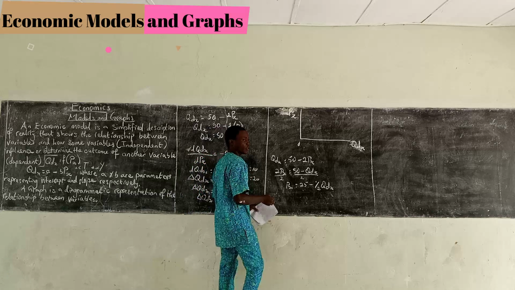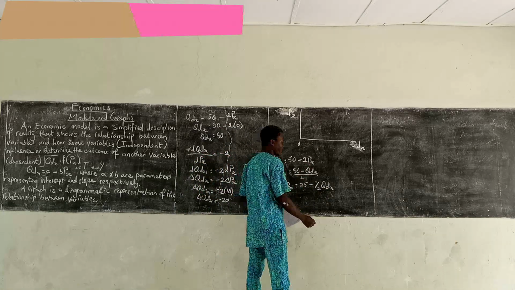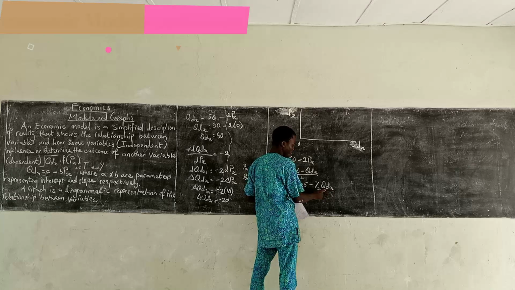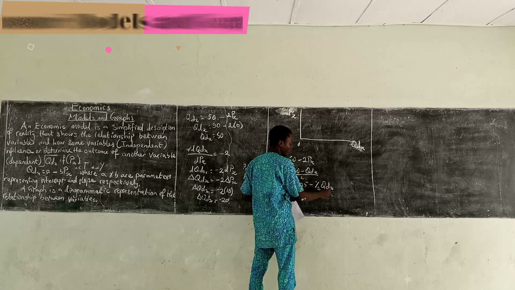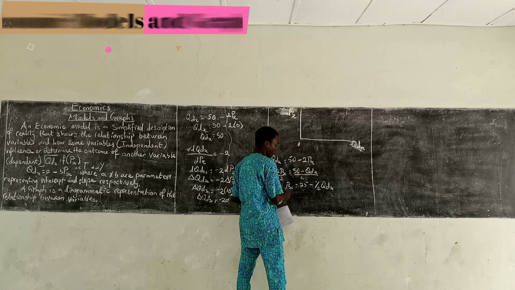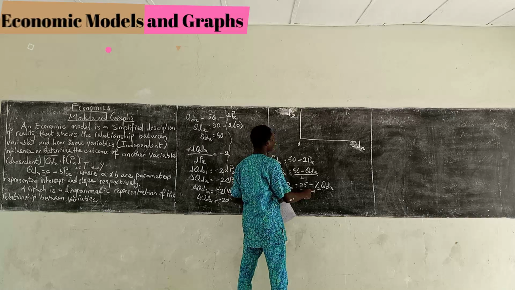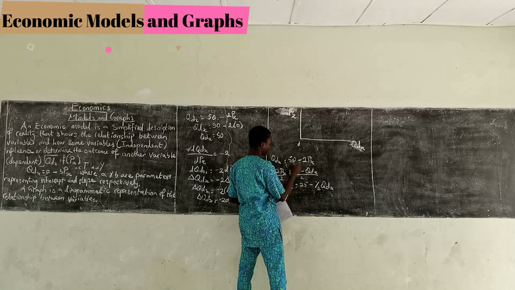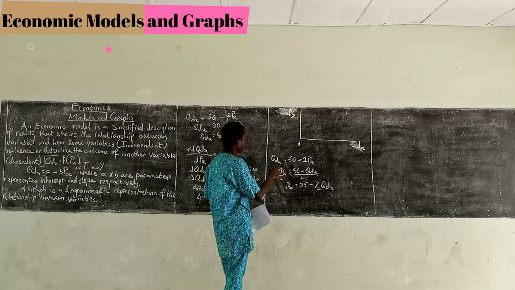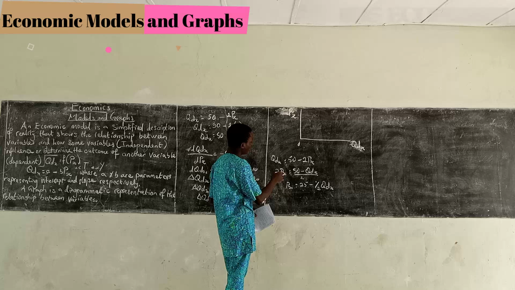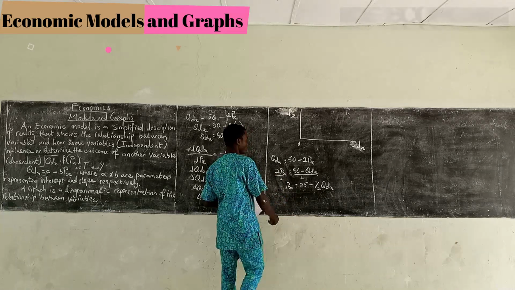Now, there are possible values that this can take, since this is now acting as if it were the independent variable. Let me just do it this way.